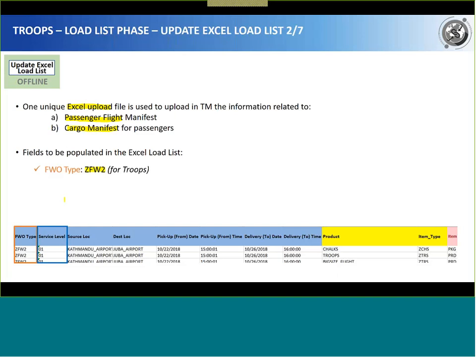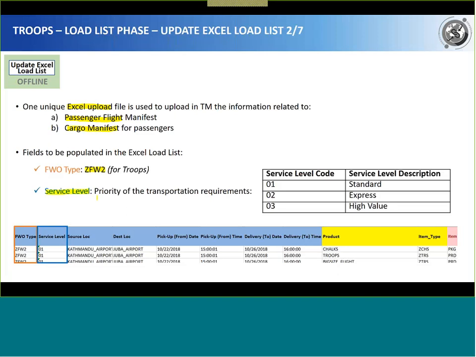Then we also said that service level can be used to prioritize the transportation, and we have three levels: standard, priority, and high value, the same ones we explained yesterday for COE.